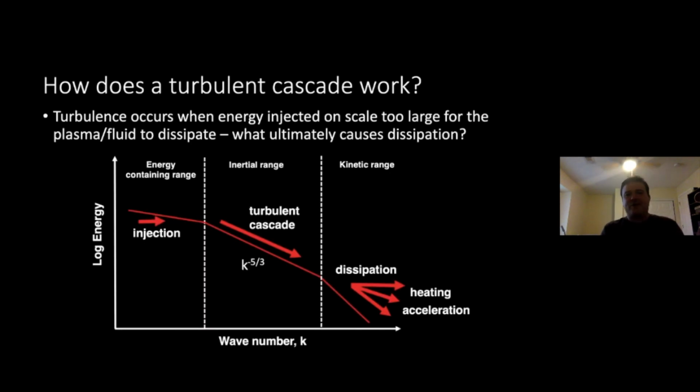So how do we characterize a turbulent cascade? Well, typically what happens is we start with the injection of energy, the energy-containing range. And so the Kelvin-Helmholtz instability, that would be when you first start rolling up these vortices. Now often the energy can't fully dissipate at that scale into the flow due to the various viscous and collisional characteristics of your fluid or plasma.